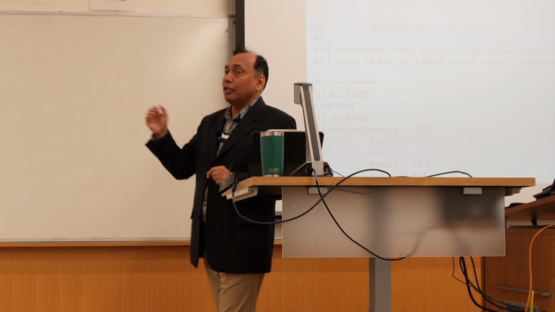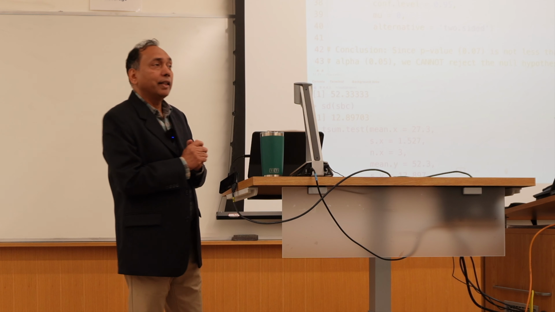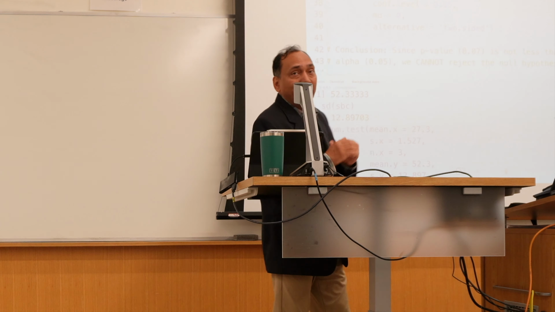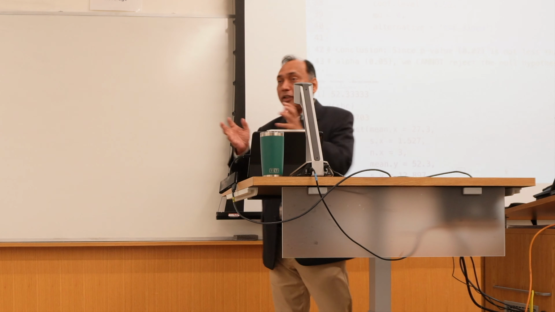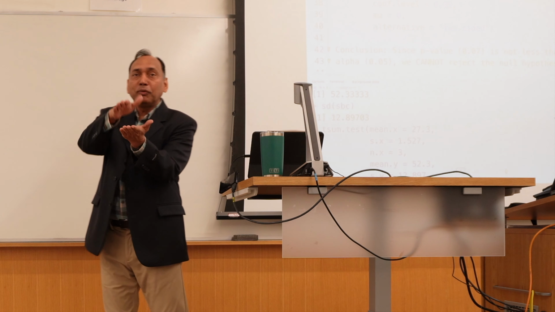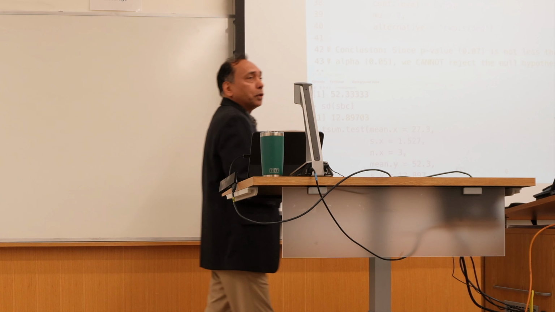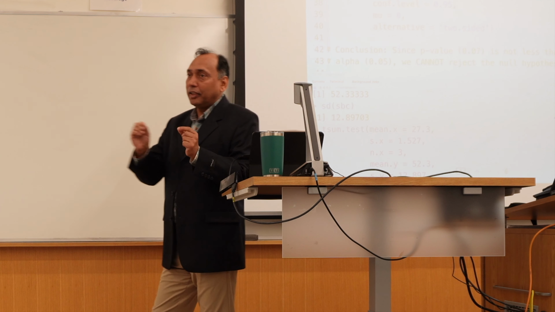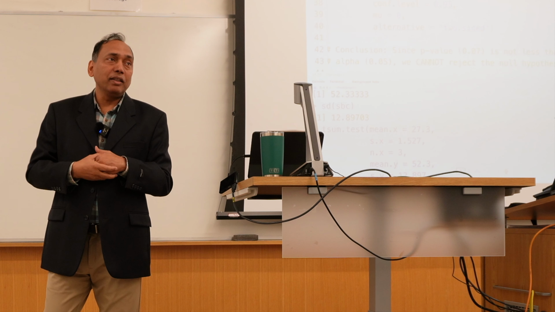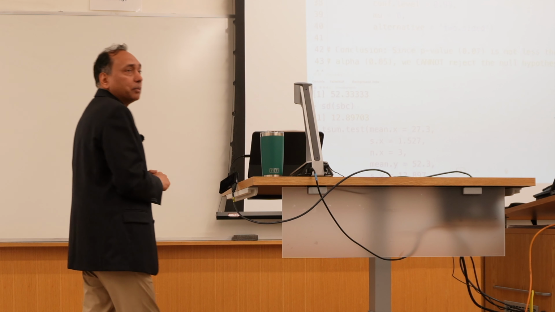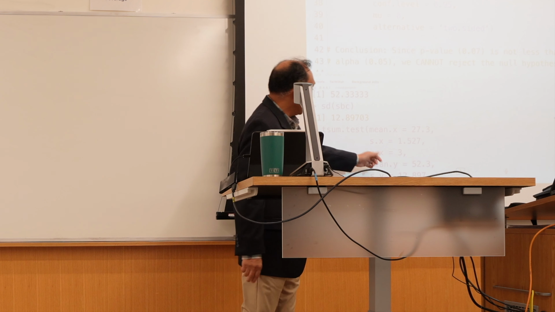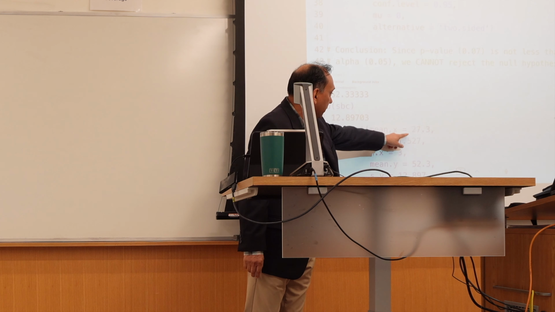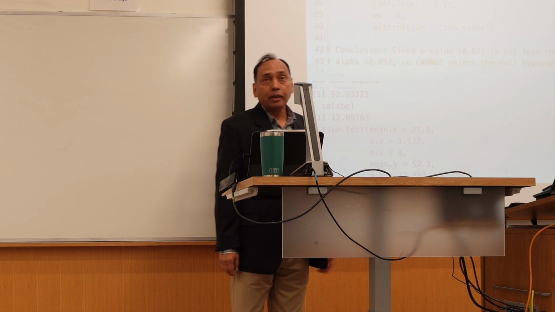Because of that, when this kind of testing is done in a company, they take a lot of pains to make sure that variables that are difficult to control, like angle for example, are not left to chance, but maybe create some kind of fixture so it always goes to only 90 degrees. Otherwise, your comparison will be very confusing because you clearly see 52 is very, very different from 27.